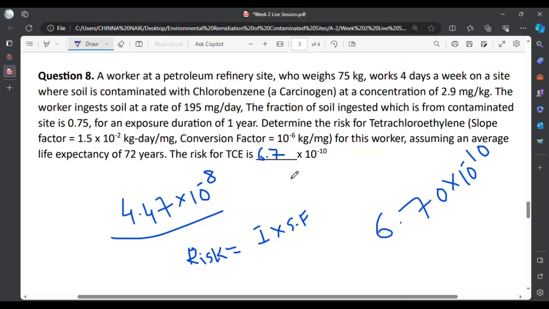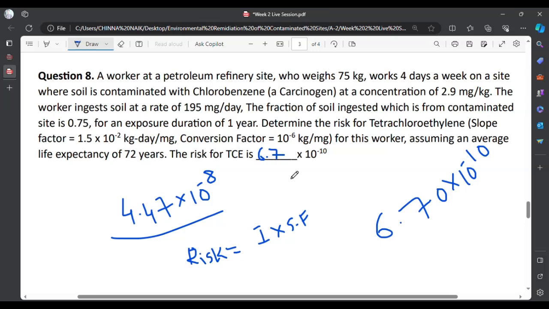For non-carcinogens, we calculate hazard coefficient or hazard index, right? There, if hazard coefficient is less than 1, then it is within the acceptable limit. If it is greater than 1, then it is unacceptable. In that case, we should go for remediation.